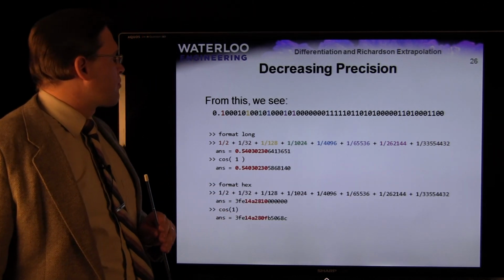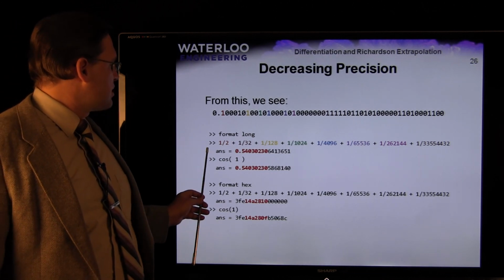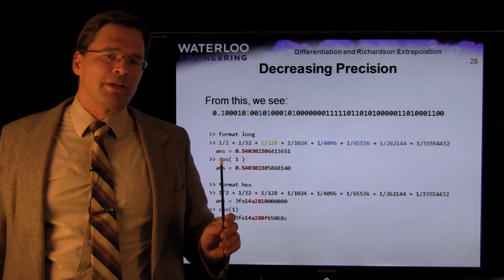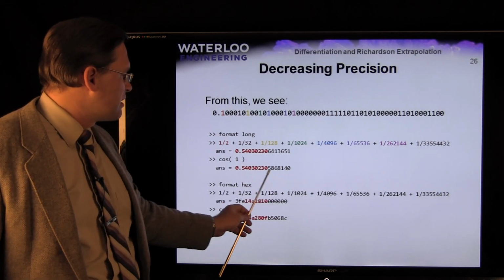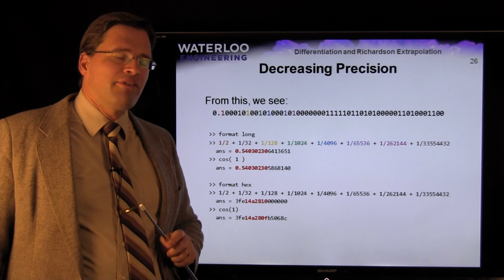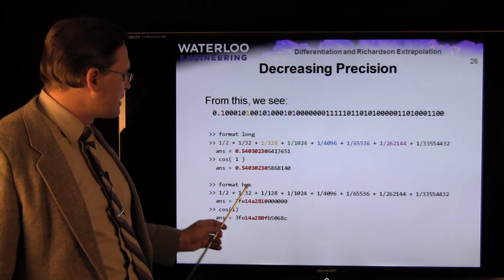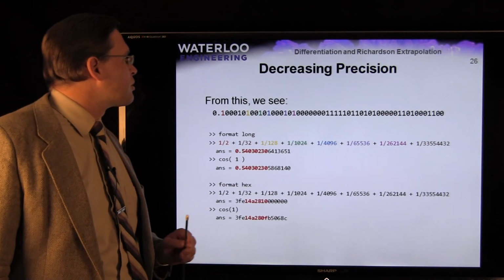You can add up all of those terms, and when you add up all of those terms, yes, you see that that approximation is actually quite close to cos of 1. And if you add the rest of these terms, then you would get the rest of the digits that you see here. If you do it in hex, you will see that the first few hexadecimal numbers are now exact. Everything else is 0 if you only add up those terms.